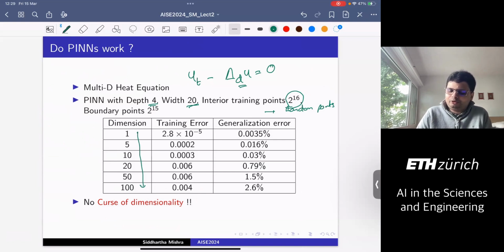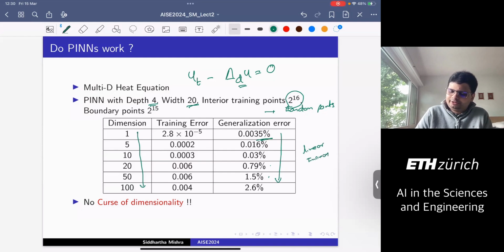It's of course very, very small for very small dimensions. And as you go up in dimensions, the error does increase, but it's not increasing exponentially or anything. Going from 20 to 50, it is roughly doubling, which is what you would expect. And then from 50 to 100, it's also less than doubling. So you would say that this is a linear increase, which is the minimum.